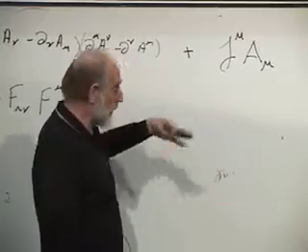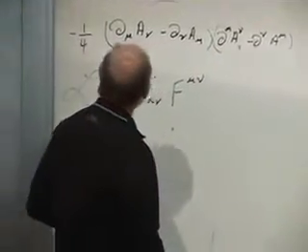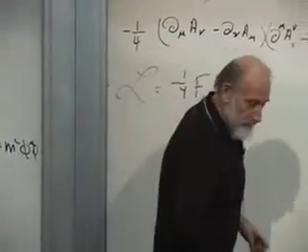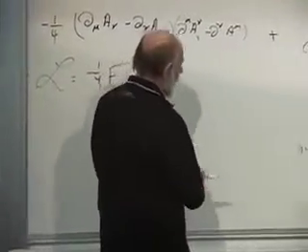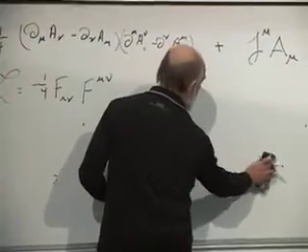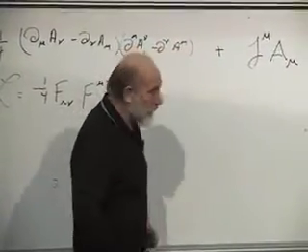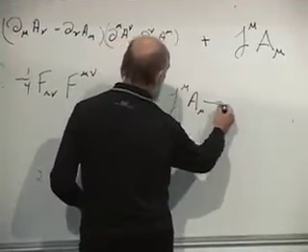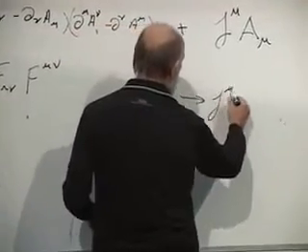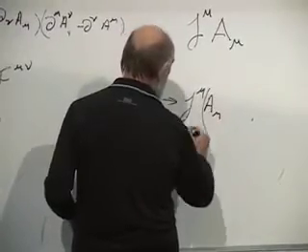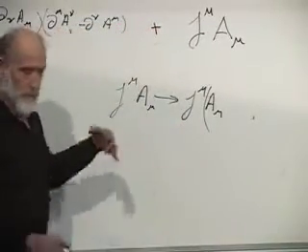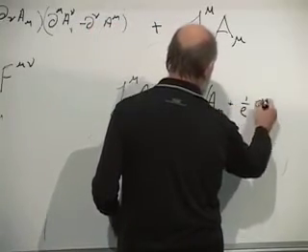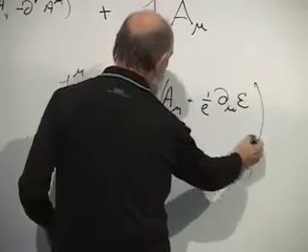So let's see if it changes when you do a gauge transformation. What happens to J A when you gauge transform A? J mu A mu will change to J mu A mu plus 1 over the electric charge times d mu epsilon.